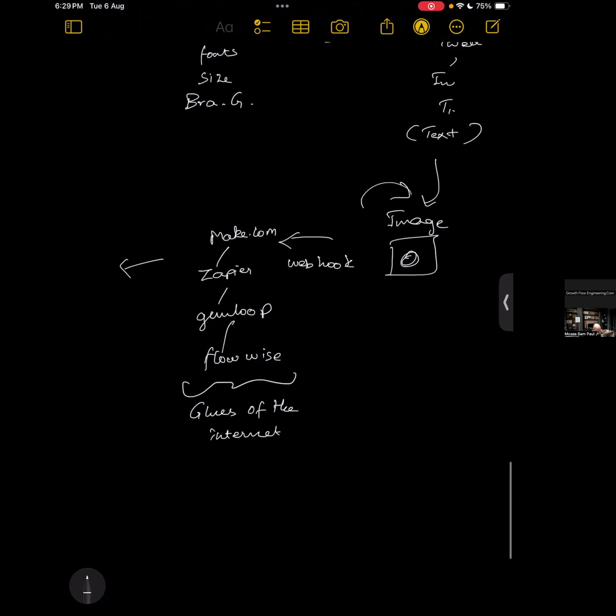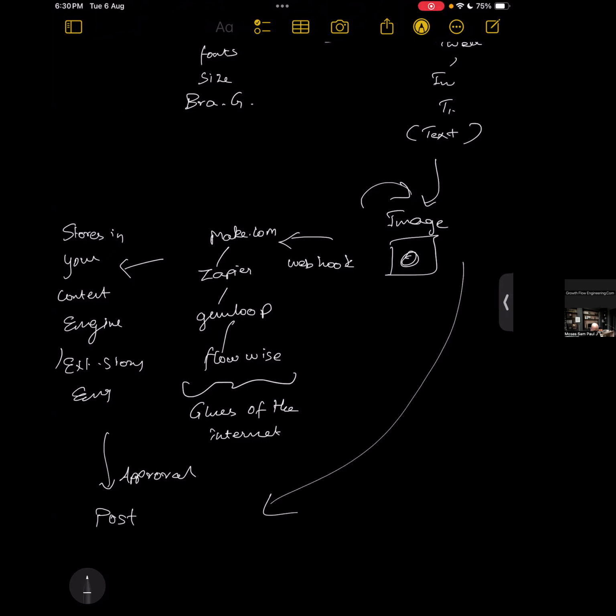And then it stores in your content engine, or we call it external storytelling engine. And let's say there is one approval process and post. Okay, all this can happen within 30 minutes if you're the only person involved in this whole thing.